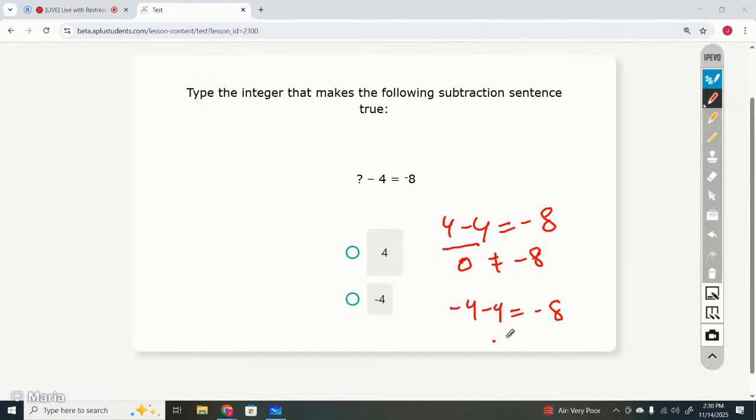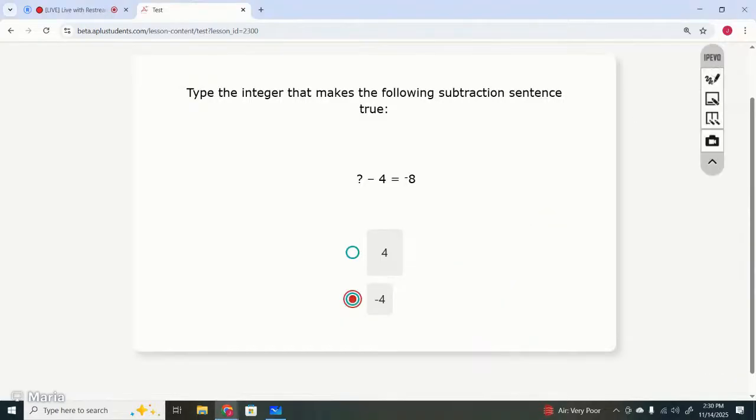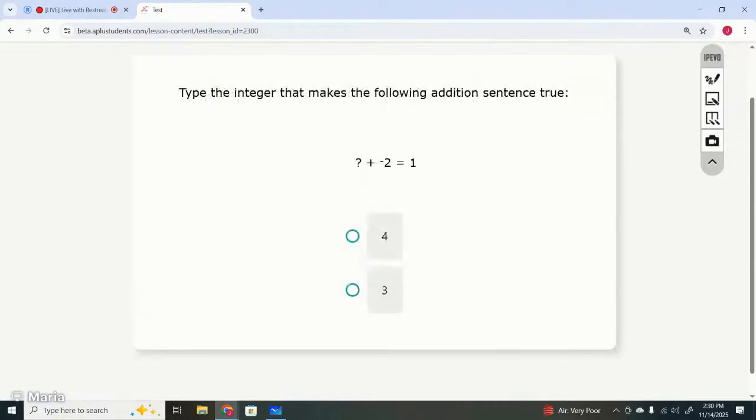Negative 4 minus 4 equals negative 8. So negative 8 is equal to negative 8. So option number 2 is the correct option because that makes negative 8.